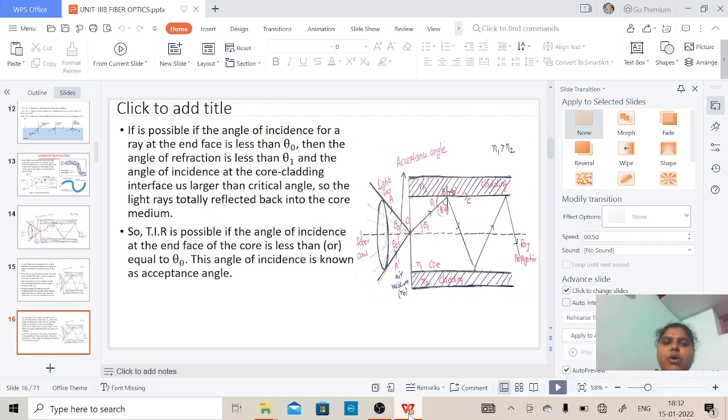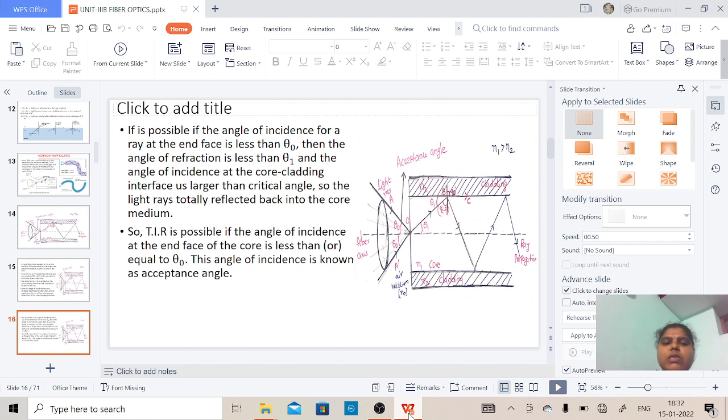This is possible if the angle of incidence for a ray at the end face is less than theta naught, then the angle of refraction is less than theta 1 and the angle of incidence at the core-cladding interface is larger than the critical angle. So the light is totally reflected back into the core medium.